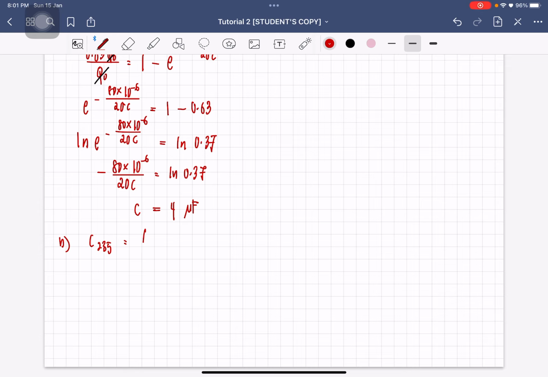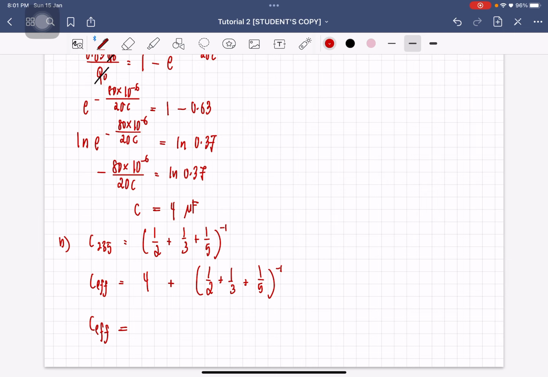C235 is going to be equal to 1 over 2 plus 1 over 3 plus 1 over 5, all to the power of negative 1. And the effective capacitance of this will be the addition of these. This CP here is 4, which you calculated earlier. So this is going to be equal to 4.968 microfarad, or based on the final answer it is 5 microfarad.